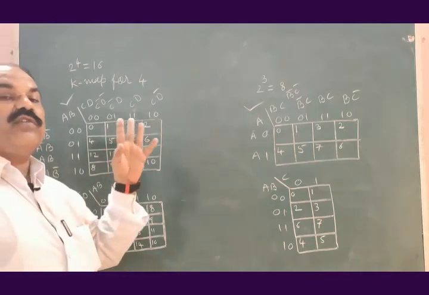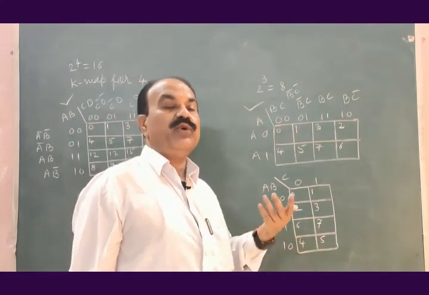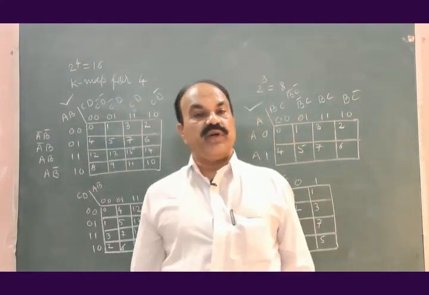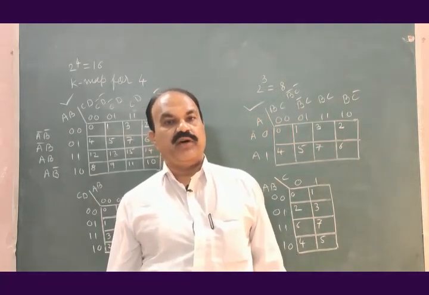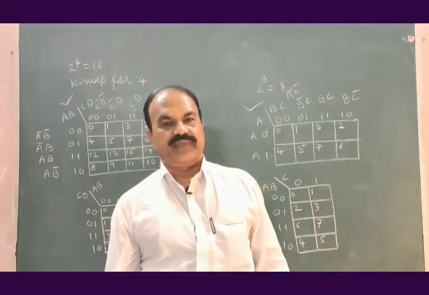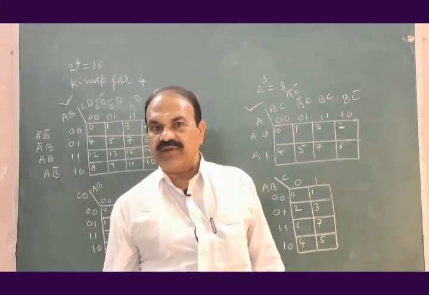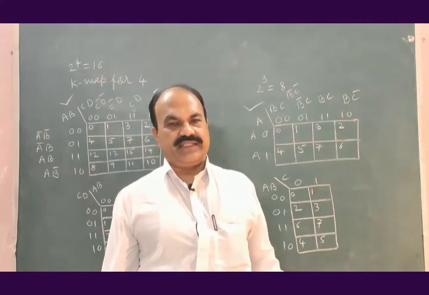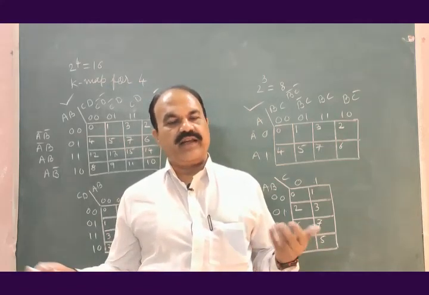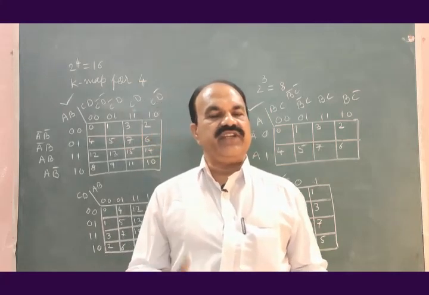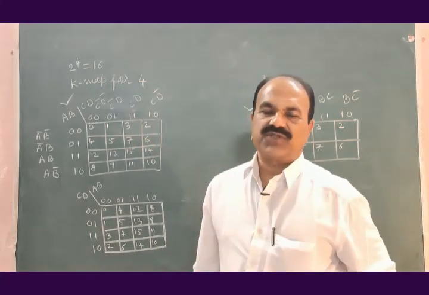Even we can go for 5 variables. But when we go for 5 variables, there will be how many cells? 2 to the power 5 equal to 32 cells. If you go for 6 variables, 2 to the power 6, 64 cells. We are recommended to construct the Karnaugh map for 2 variables, 3 variables and 4 variables only.